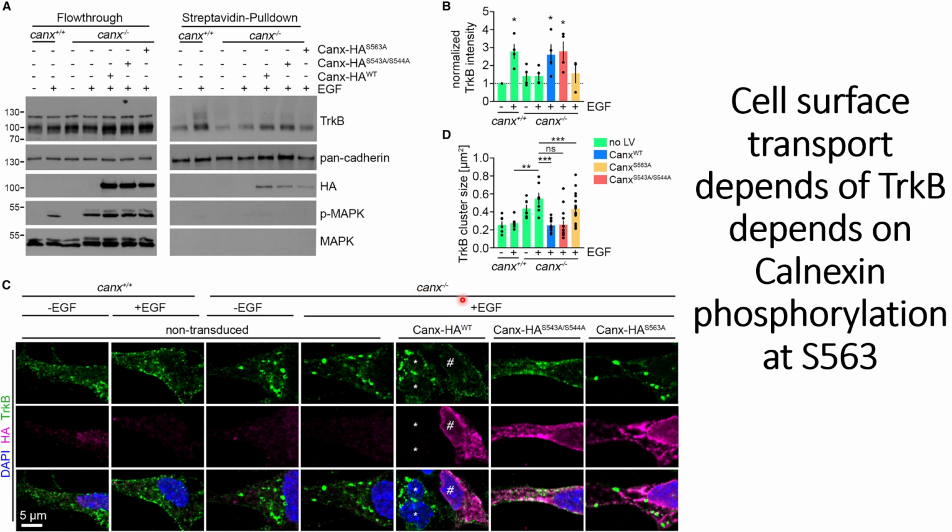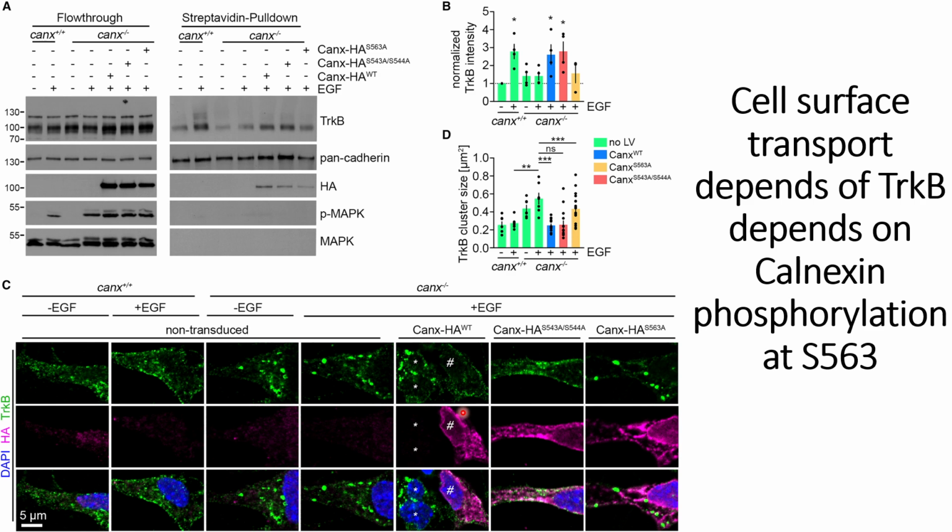In the case of the Calnexin knockout or Calnexin depleted cells, where no construct has been used, they can see the cluster formations. And when EGF is introduced, they do not see any improvement in the cluster formations.